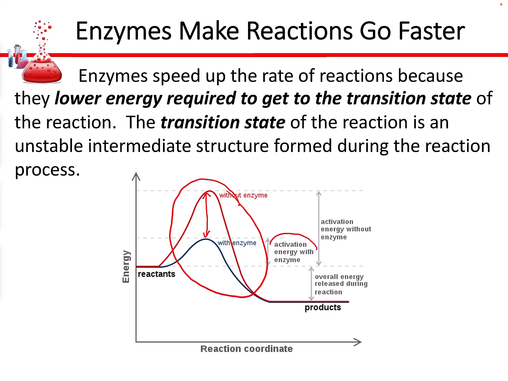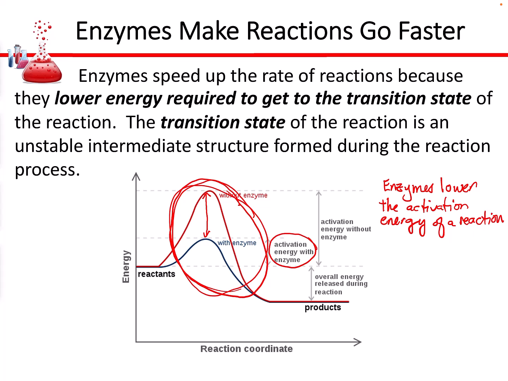In the presence of the enzyme, the activation energy required to make the reaction go forward is lowered. So enzymes lower the activation energy. The activation energy area, this transition between the reactants and the products, is called the transition state of the reaction.